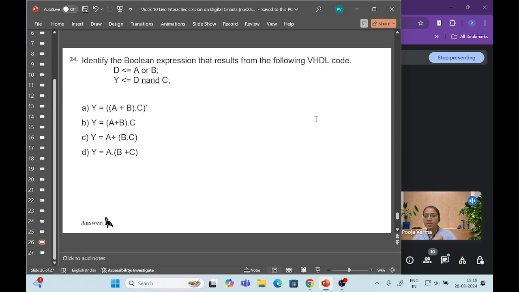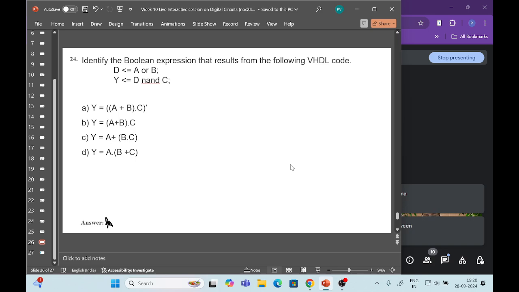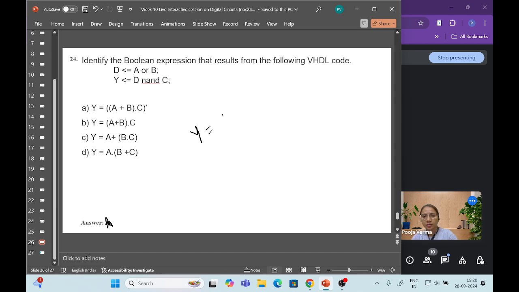Try to answer this question. Which option can be correct? Identify the correct Boolean expression from the given VHDL code. Yes, option A. Y is equal to D NAND C, that means D and C dash, right? And D is given as A or B, that means A plus B, with the plus sign representing OR.